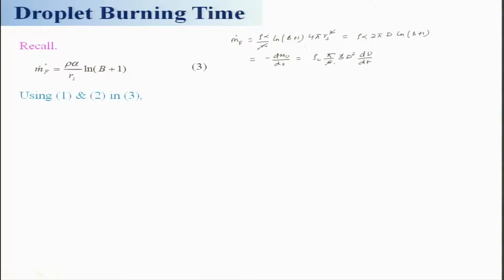So this will cancel, this pi will cancel, and the d also will cancel, one d from this side to that. Then I can write d d by dt as nothing but this, where the 2 will go to 4.